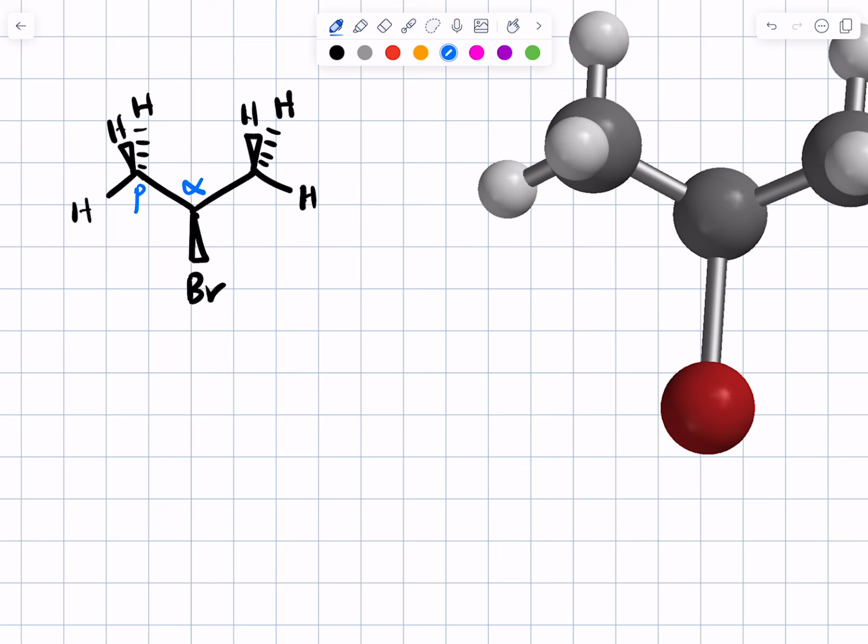And then these two hydrogens, which are adjacent to the alpha carbon, we're going to give the Greek letter beta. So the carbon that's adjacent to the alpha carbon we're going to call beta. Now, you look at this molecule, the two beta carbons are identical, so we're only going to worry about one of them in our discussion, but what goes for one goes for the other.